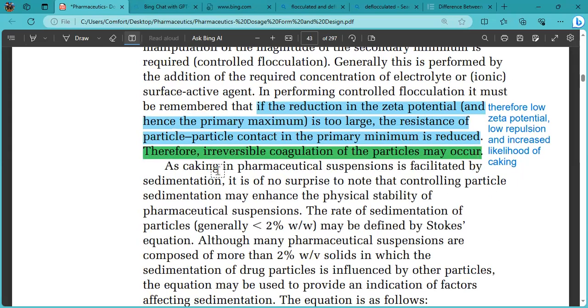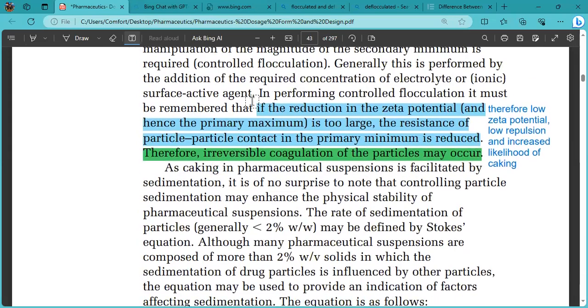So back to our notes here. When you're performing a controlled flocculation, you must remember the reduction in zeta potential. Remember that zeta potential is the potential created by the anions, the outer layer, the second layer of the double layer, the one that has been attracted by the positive charge on top of the therapeutic agent. Just a quick recap.